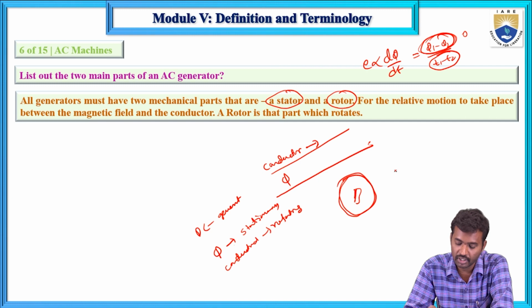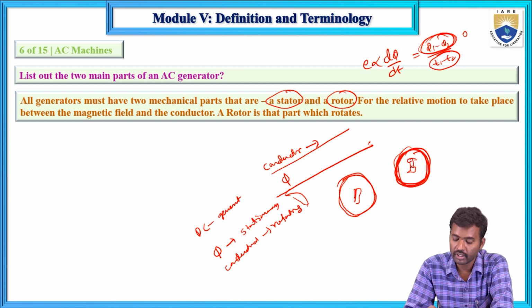In the case of an AC generator, it is the reverse. The armature conductor is stationary and the magnetic field is rotating.